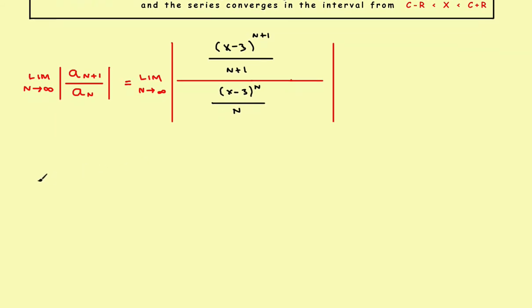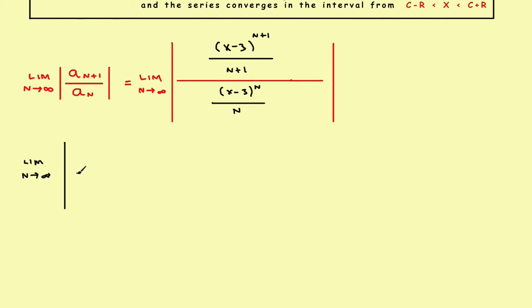So we'll go down here, and now it's just a matter of solving this. So this is going to be the limit as n approaches infinity of the absolute value of, and again, we got a fraction divided by a fraction, so we'll invert and multiply.